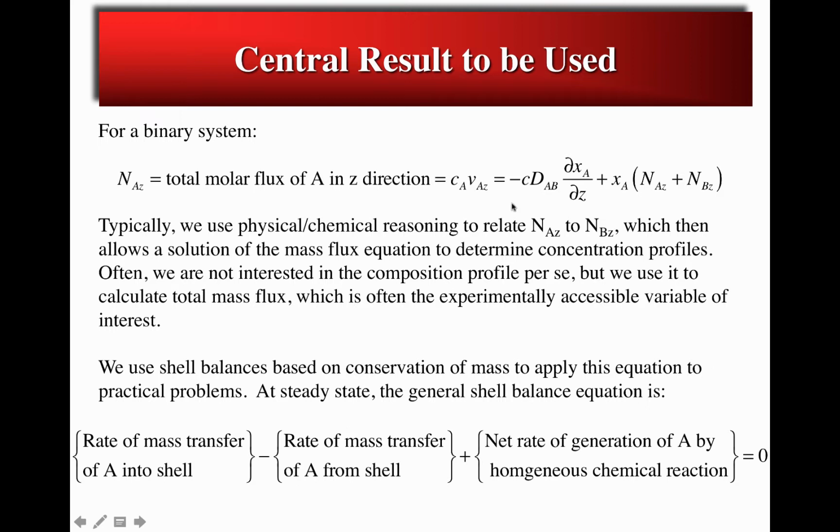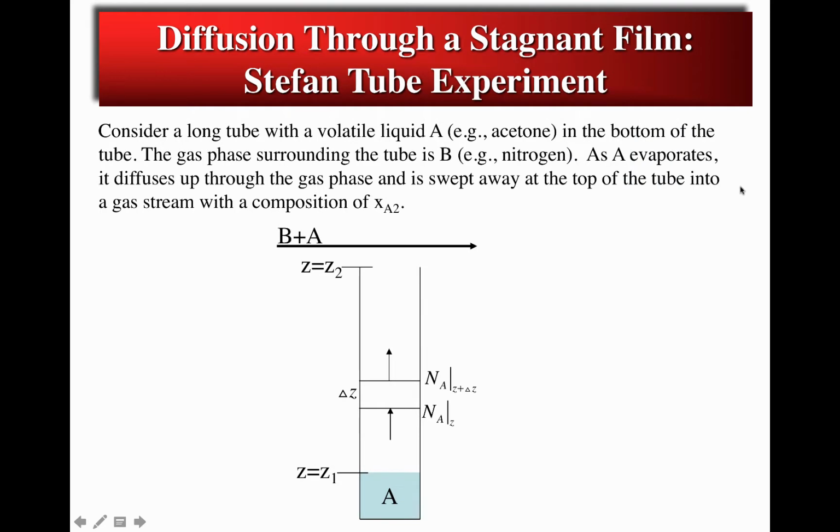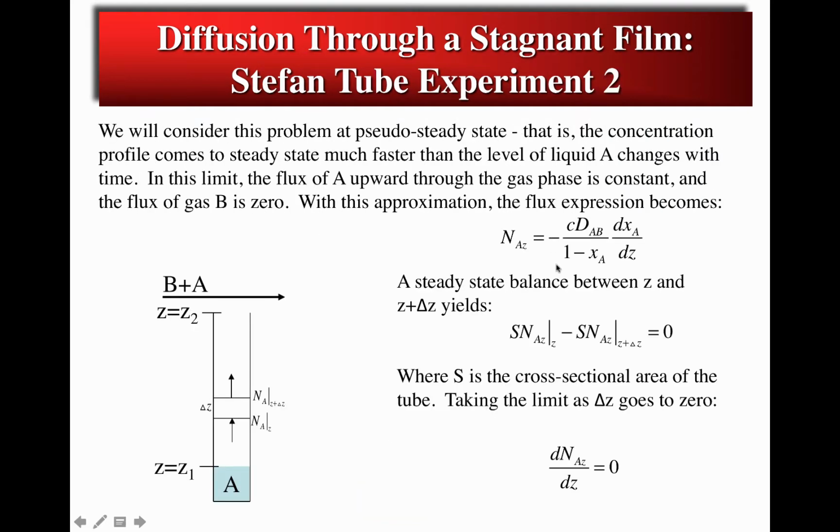beginning equation for the mass flux, the first term here on the left-hand side represents diffusion. The second term represents convection. And in this particular problem, that convective effect gives us this 1 minus XA term in the denominator of the expression for the flux.